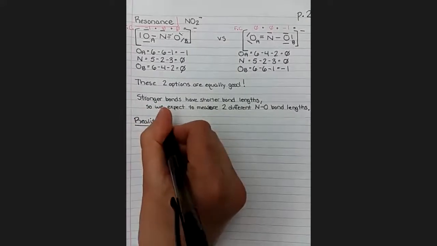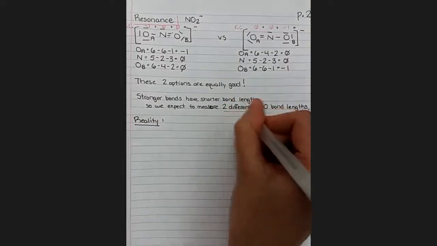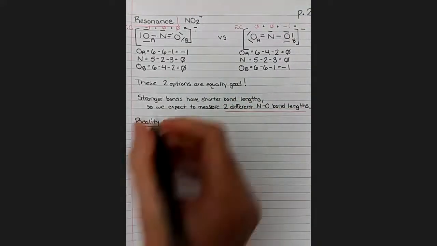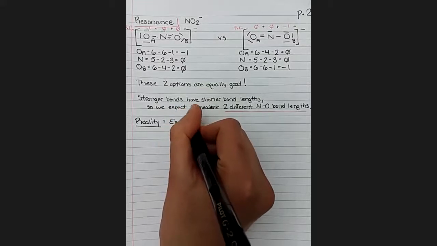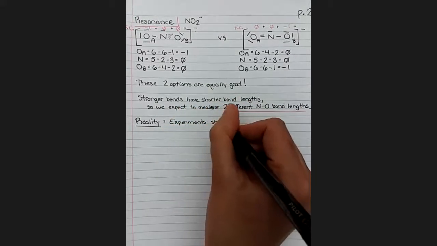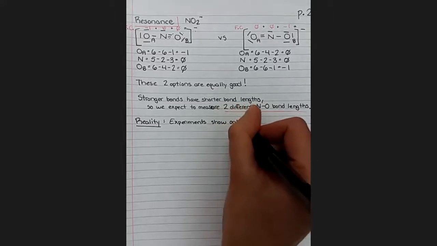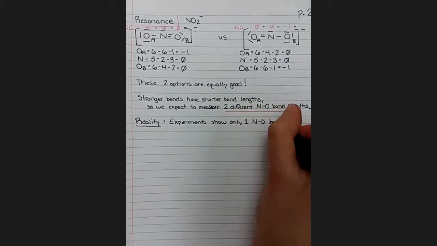So, reality. When we do the experiment for the XRD, we are surprised to find this is not what we see. So experiments show only one NO bond length.